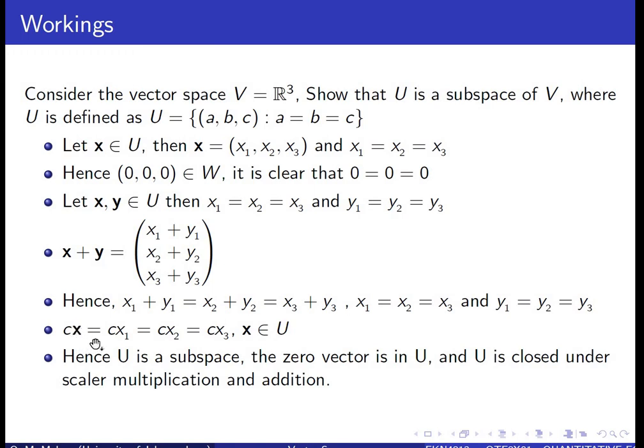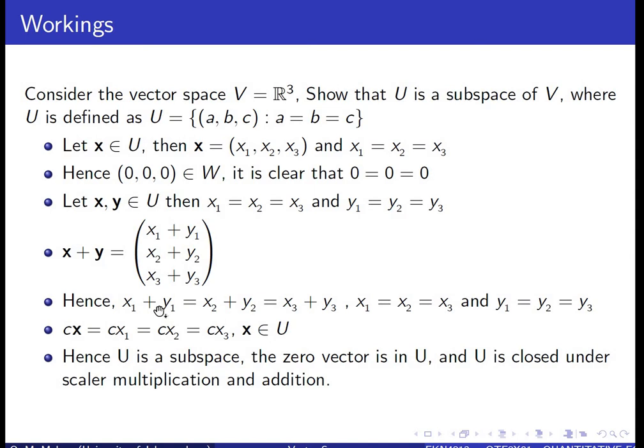Remember, my x is equal to x1, x2, x3, where x1 is equal to x2 is equal to x3. Obviously, if all the components are equal, and I multiply every component by a scalar c, every component in the resulting vector cx will be equal, which follows from the fact that x1 is equal to x2 is equal to x3.